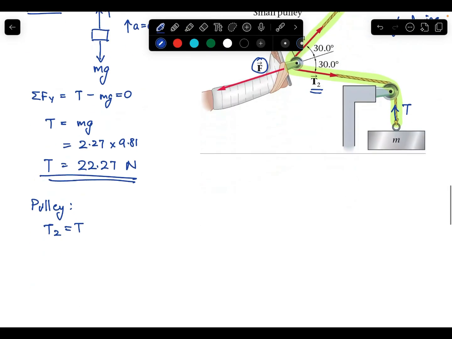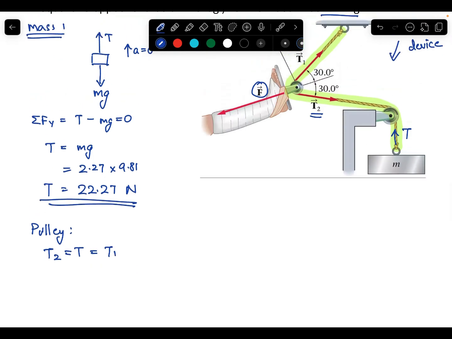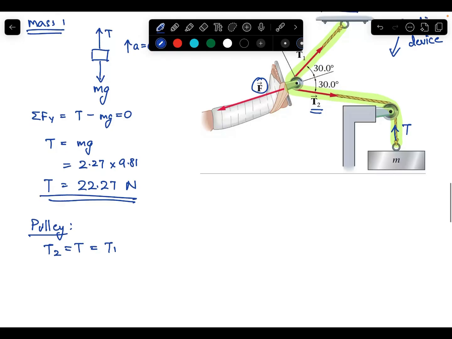So by that logic, I can say T1 is equal to T2 is equal to T. So at any point wherever T1 and T2 are involved, I'll just use T as the value.